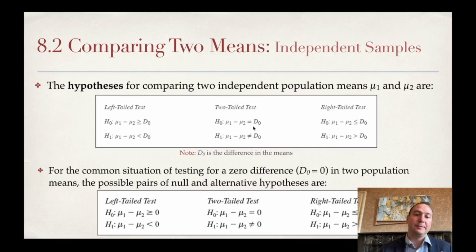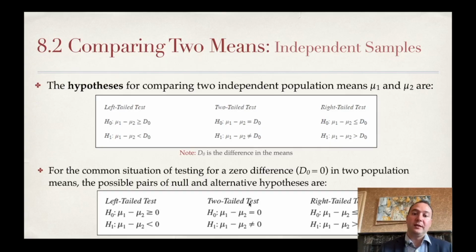In that case, let's look at the second example on the bottom. For the common situation of testing for a 0 difference, meaning both samples are coming from the same population, or there's no difference between the populations, there would be a 0 difference in the 2 population means. Therefore, we can summarize as follows. mu1 minus mu2 equals 0, meaning there's no difference between the population that our first sample came from and the population that our second sample came from.